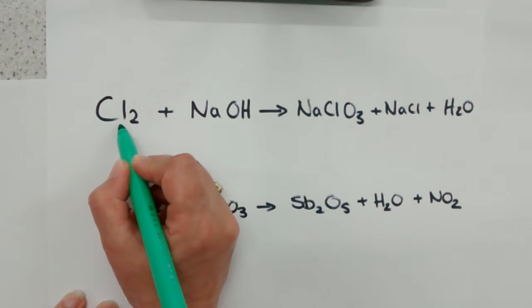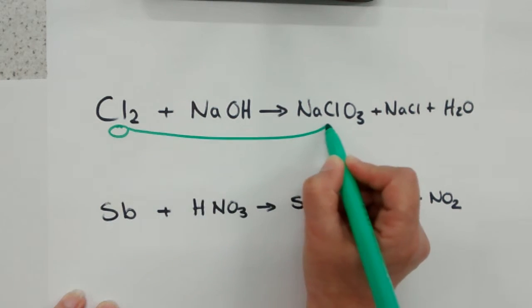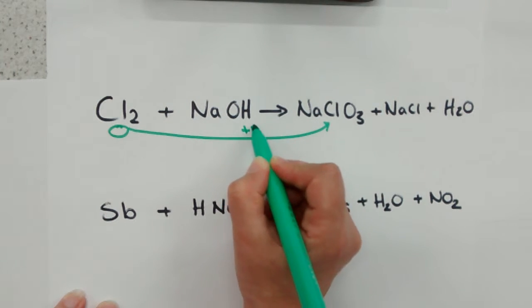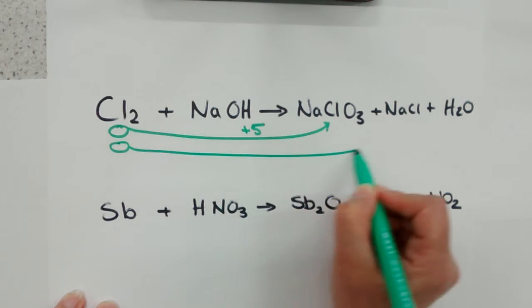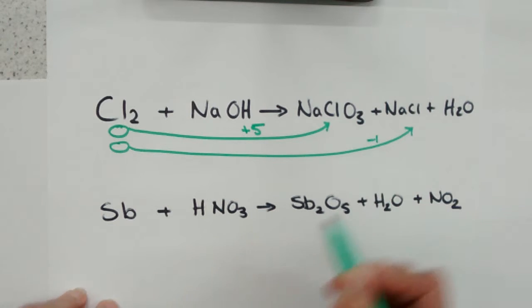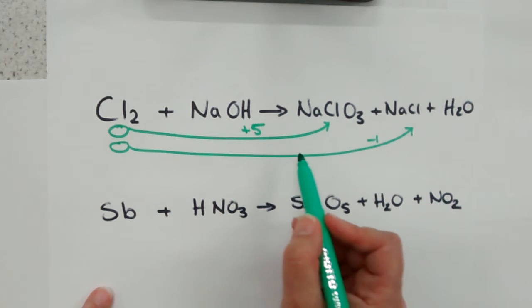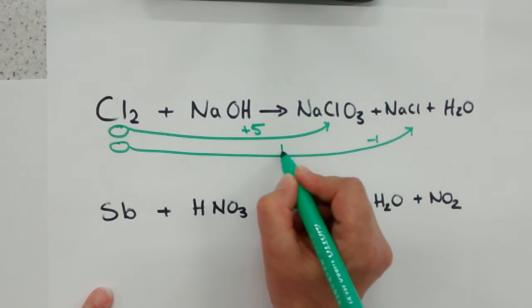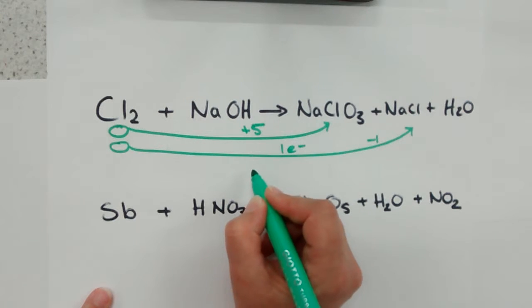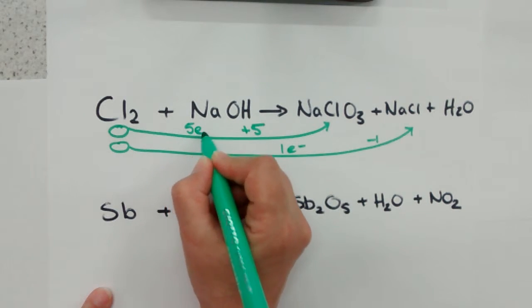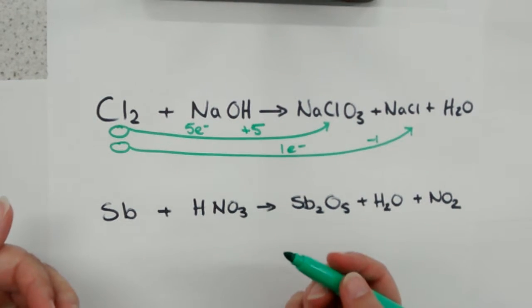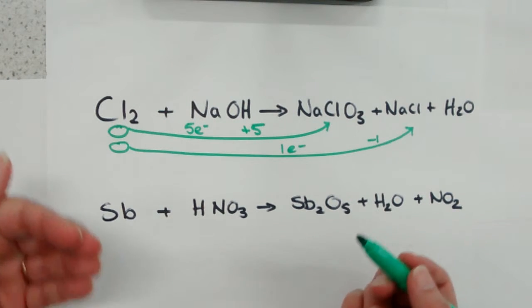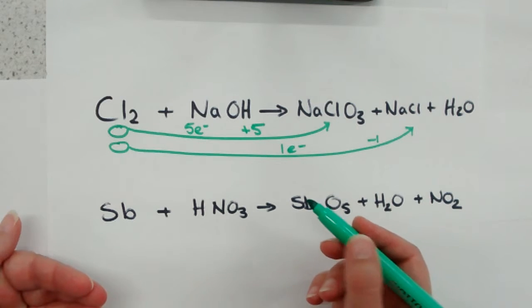Therefore, that just leaves us with the fact that the chlorine must have changed oxidation state. It's gone from 0 here to +5 here. And it has gone from 0 here to -1 here. That means that we had 1 electron involved in this process and we had 5 electrons involved in this process. For these to balance, the electrons going either way have to cancel out.